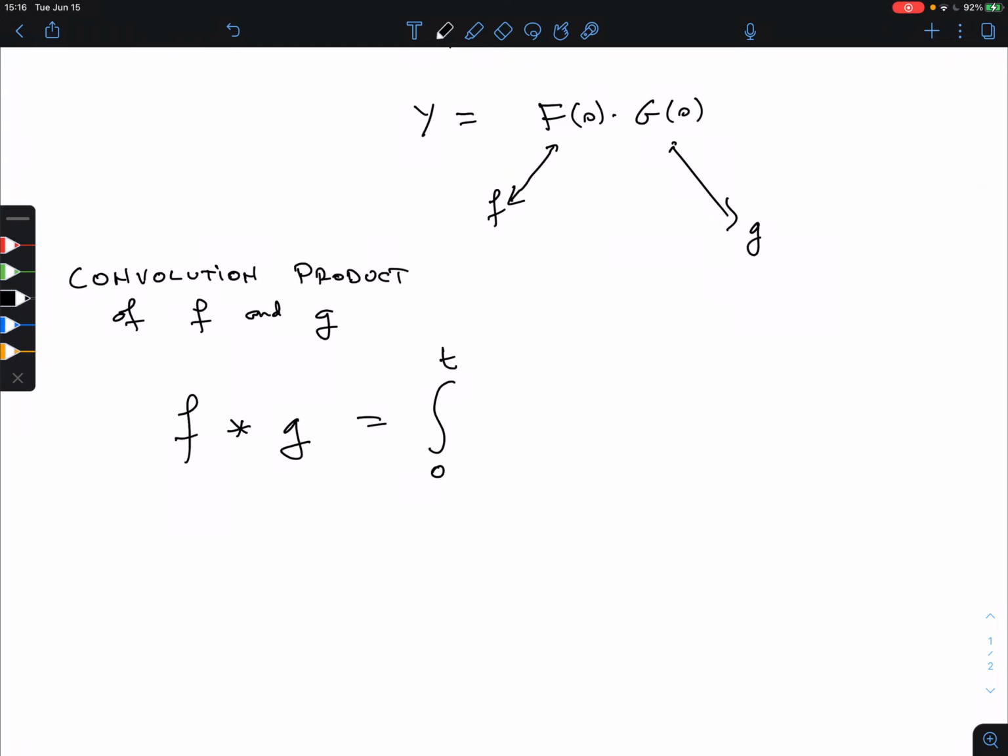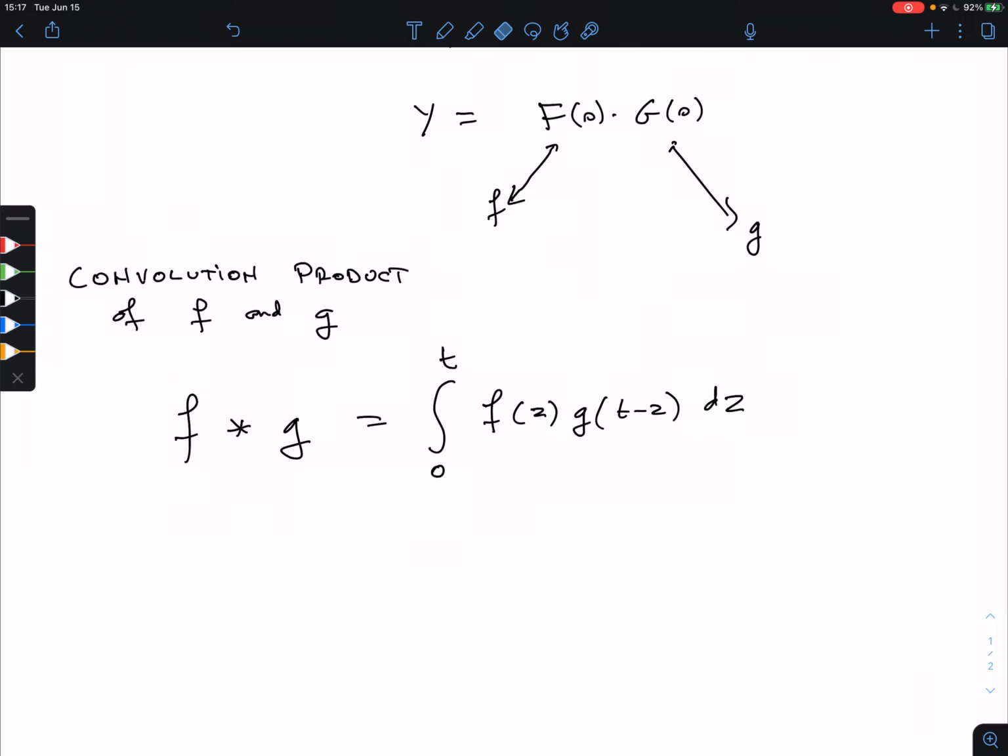And once we have stuck to this choice, let me write down what the inside is. That's perhaps more telling. It's f(z) g(t minus z) dz. In the book they use a tau instead of a z, the Greek letter tau, but I think it's perhaps a little bit weird for you, so let me use z just as a variable here.